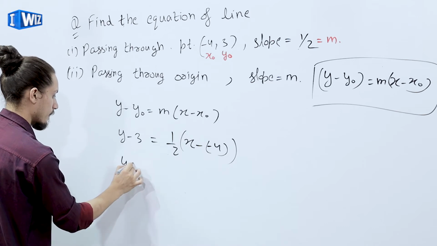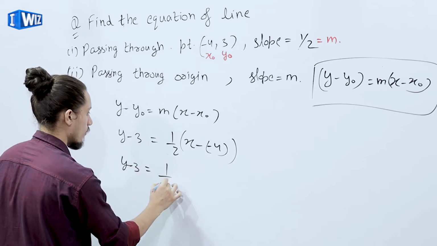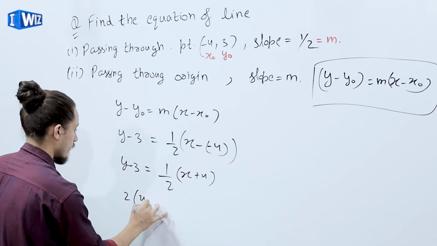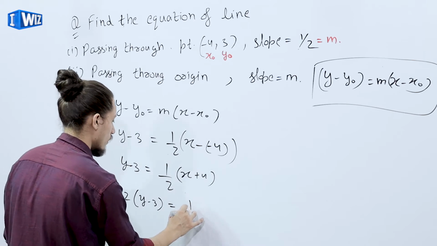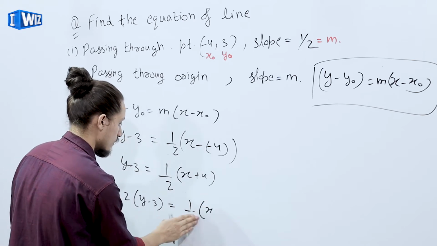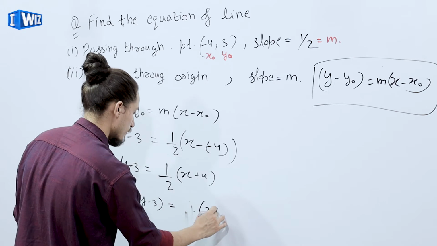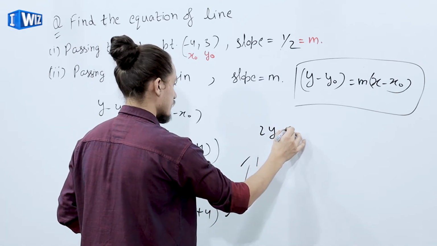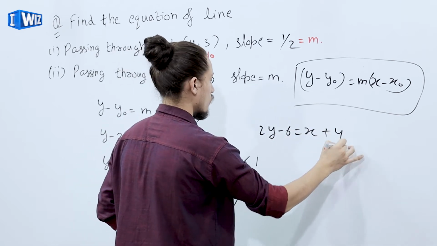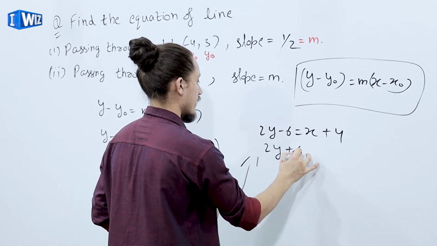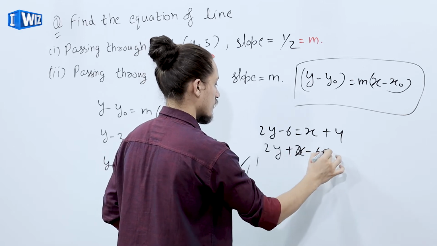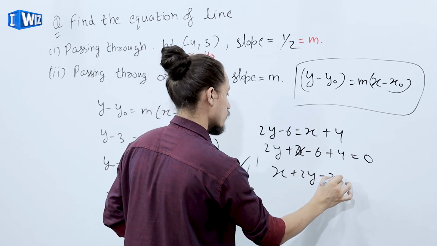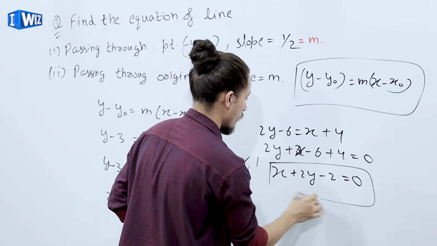So we get y minus 3 is equal to 1 upon 2 into x plus 4, or 2 times y minus 3 is equal to x plus 4. So we get 2y minus 6 is equal to x plus 4, or x plus 2y minus 10 is equal to 0, which is the required equation of line in this case.